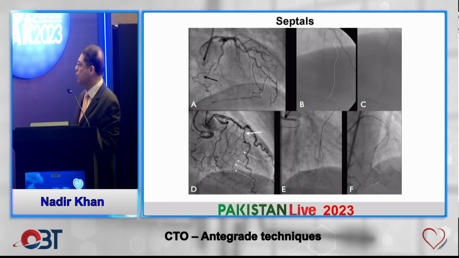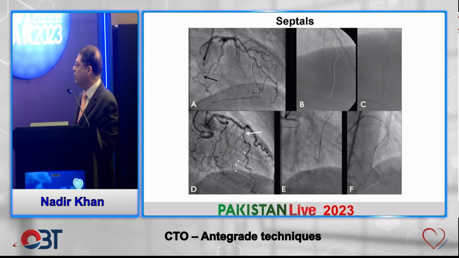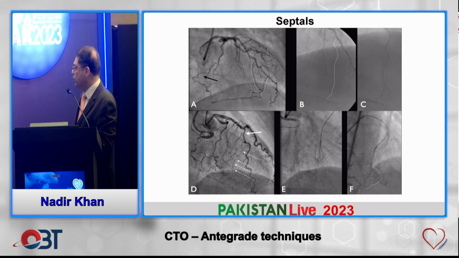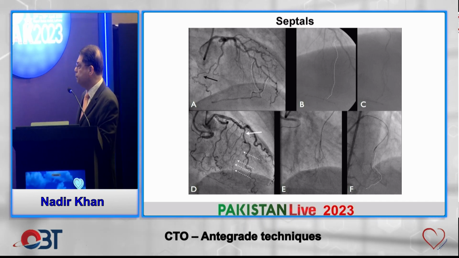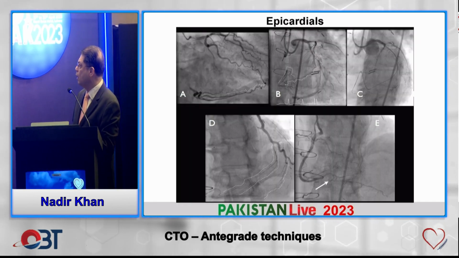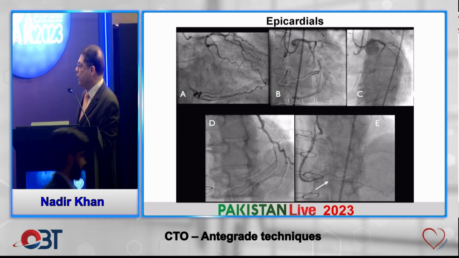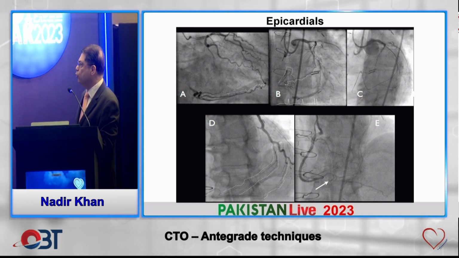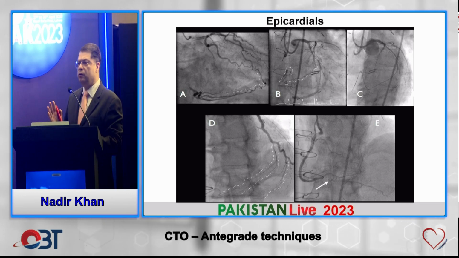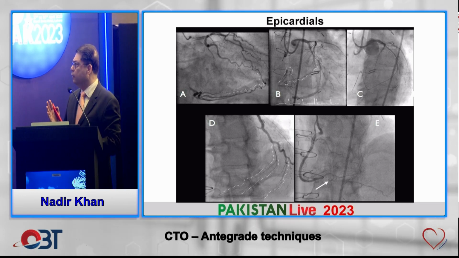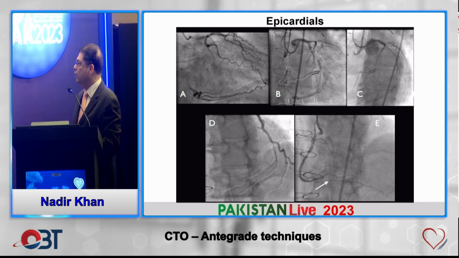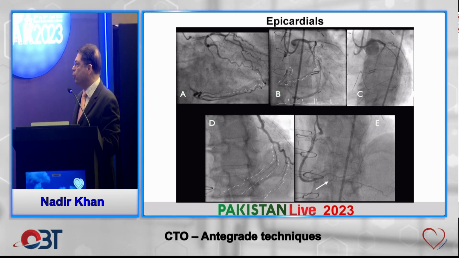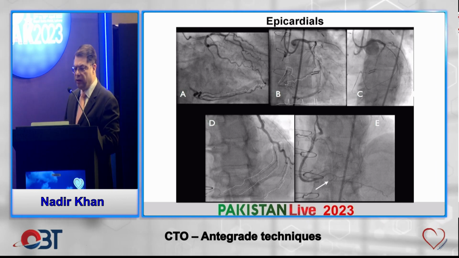For example, here we are showing various septal channels which are connecting with the right coronary artery. The other options can be the epicardial channels, but we should try to go to the septals first, because that's always a safer option, and the epicardials should be sought only as a last resort.